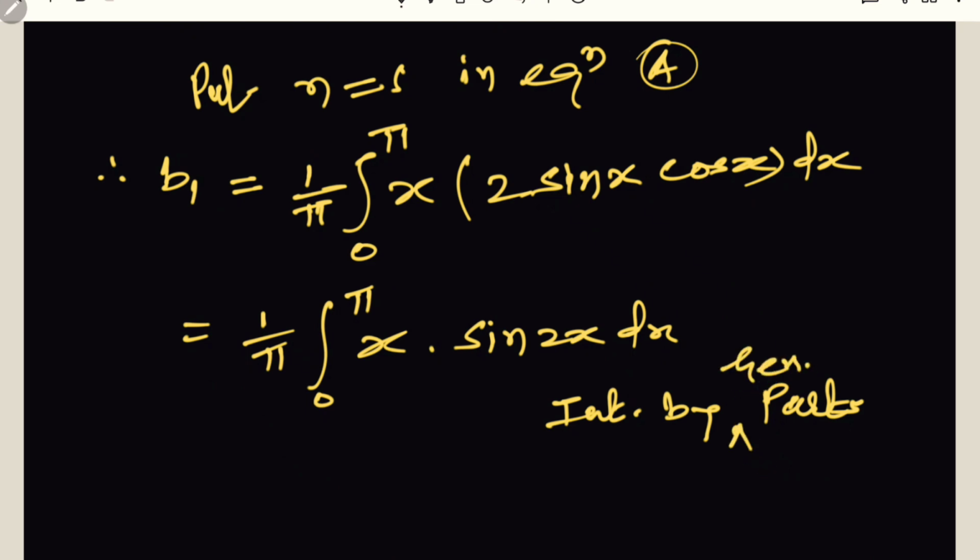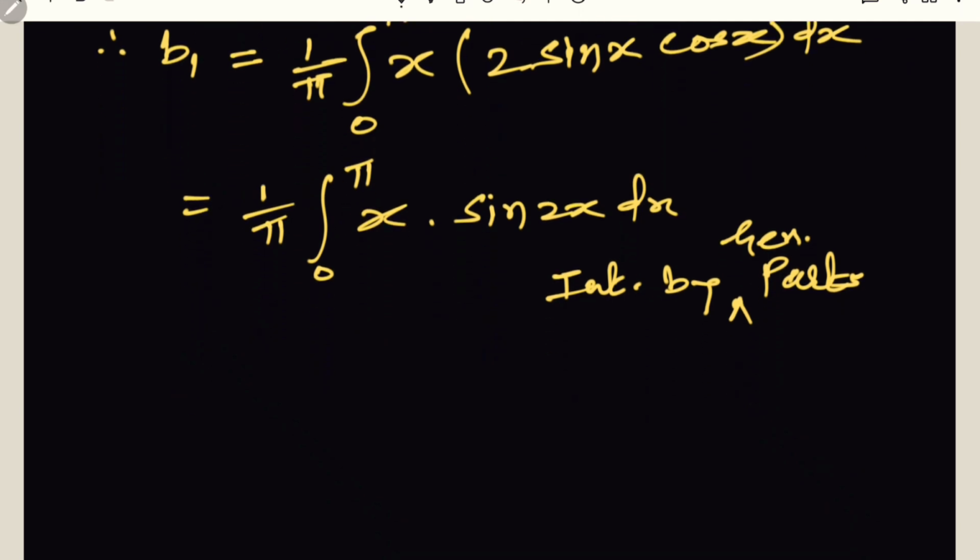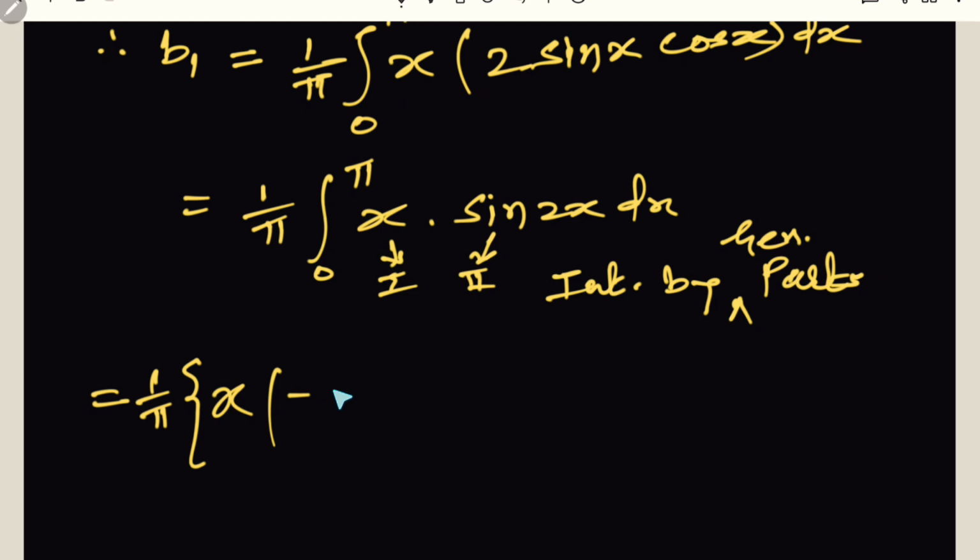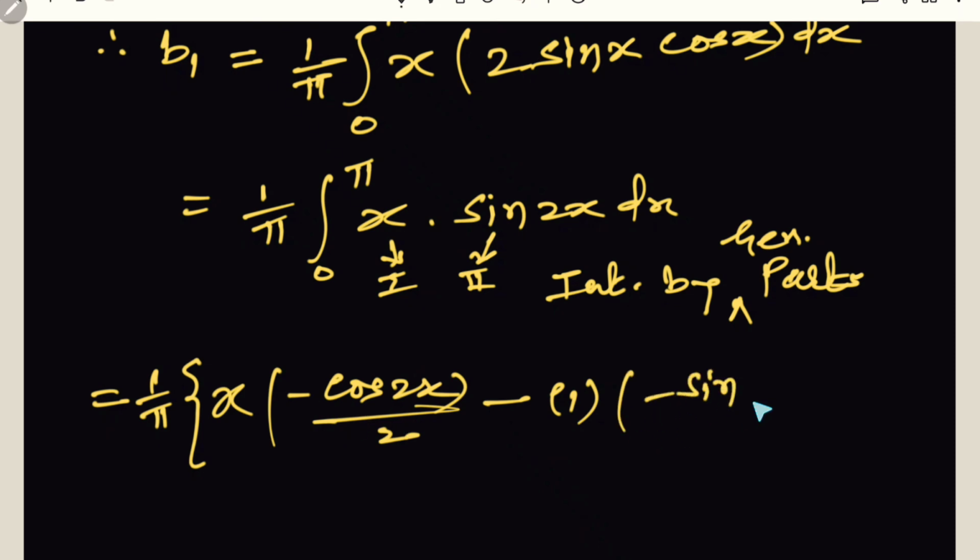Therefore, for this chapter of Fourier series, integration by generalized parts is a very, very important technique for the evaluation of the integral. First term x, integration of sin is minus cos 2x whole divided by 2, minus derivative of x is 1. Next integration is minus sin 2x divided by 2 into 2, we get 4.